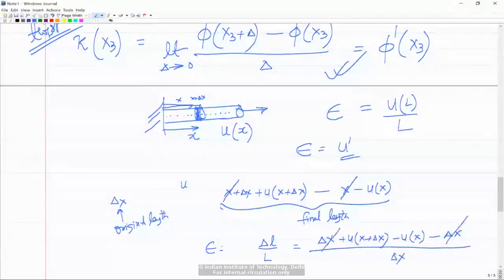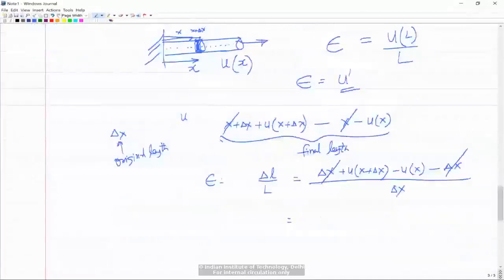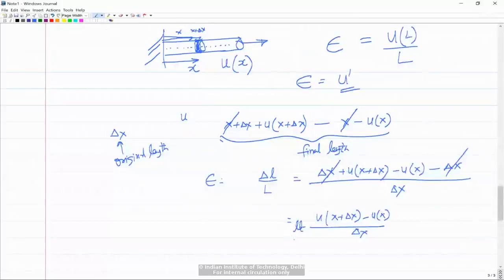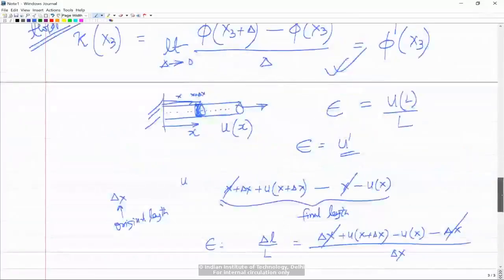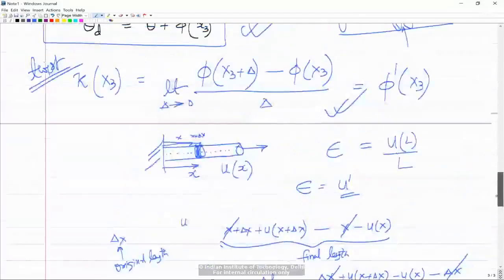So these two also cancel, and you have u of x plus delta x minus u of x divided by delta x. Then you take the limit delta x going to 0 because you want the local value of longitudinal strain, and this gives you u prime. The similar analogy also occurs for twist here.